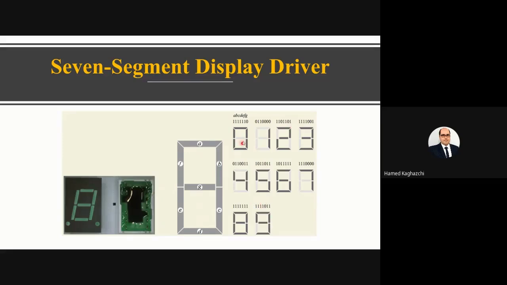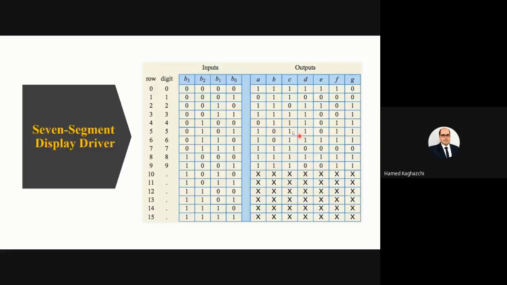Now, I have to design a logic circuit for 0, for 1, for 2, and so on. If I draw the truth table of the 7 segments, I can find that for 4 bits, I will have 7 outputs, because at each pattern, A, B, C, D, E, F, G will be turned on or turned off.